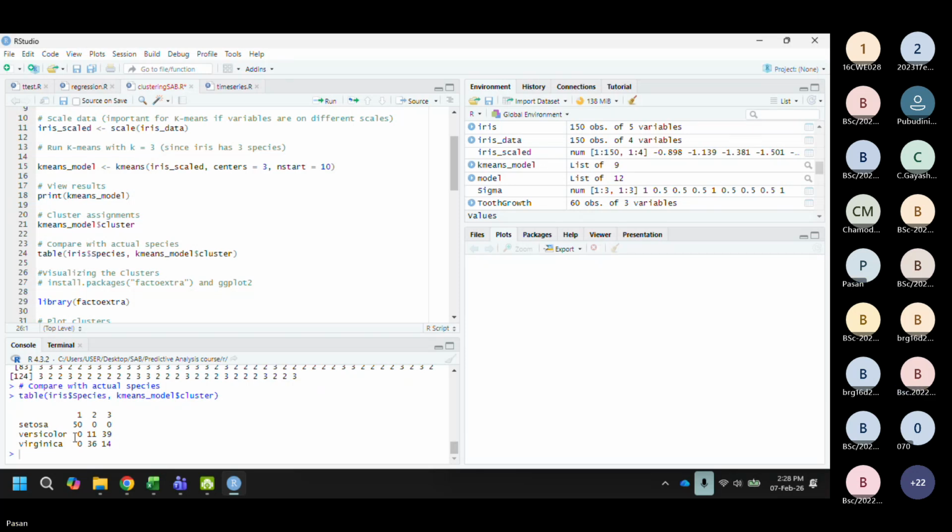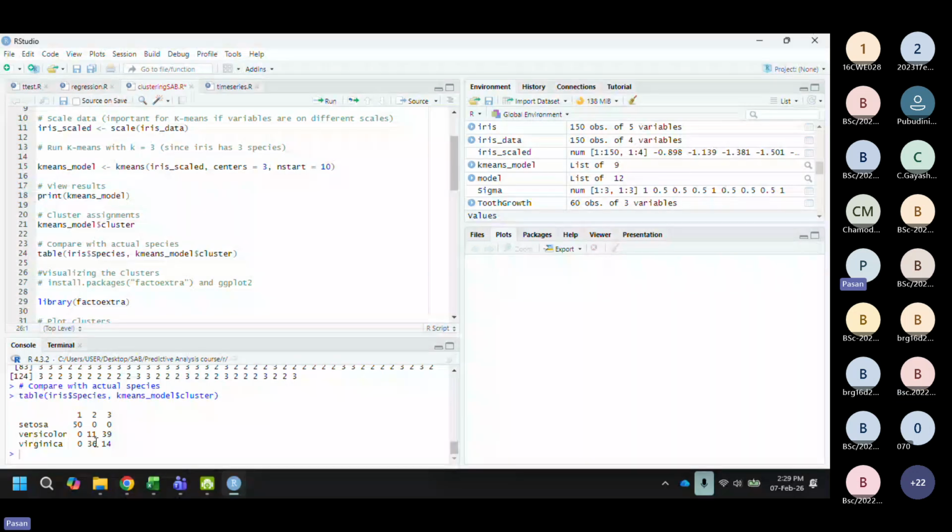Basically, 11 of these and 36 of these go to the second cluster, and then 39 of these and 14 of these go to the third cluster. So that's having some mixture there, right? This first one is already separated, so no mixture on that one, but the others have some mixture.